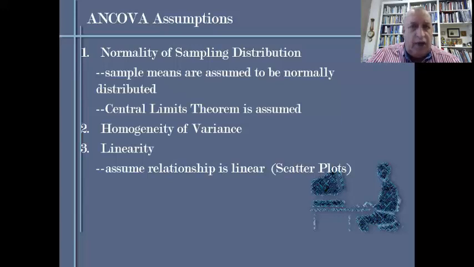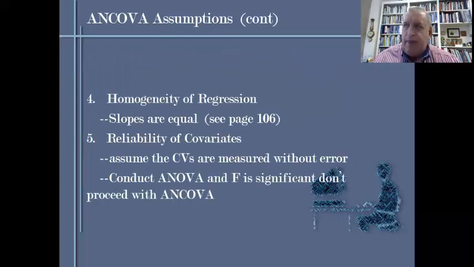We assume that the relationship is linear, and this is where we use our scatter plots and box plots to see that we have a linear relationship. Moving on, we have homogeneity of regression. That is, the slopes are equal. And then we have the reliability of the covariates, and we assume that the covariates have been measured without error.